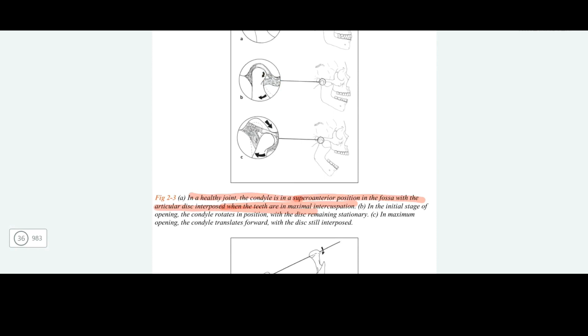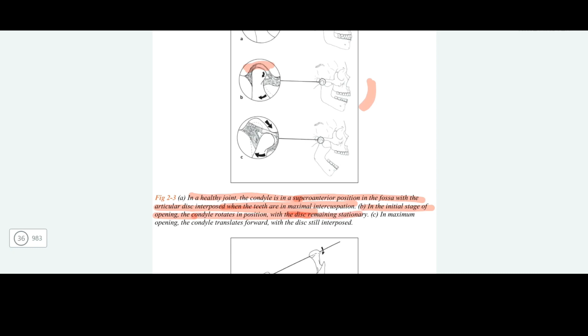And now we go to number B. In the initial stage of opening, not the maximum, the condyle rotates with the disc still interposed, related to the condyle. Okay, with the disc remaining stationary, as I said before.